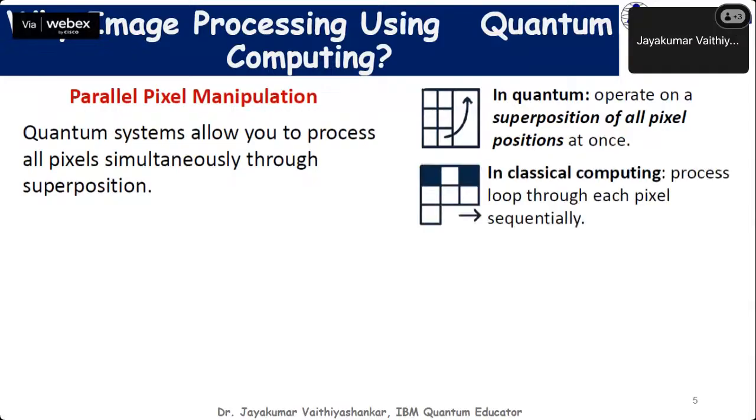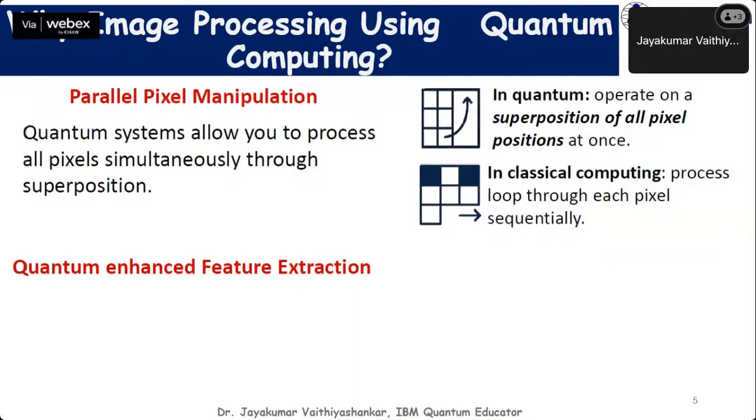In classical, the process loops through each and every pixel sequentially. Even though we are doing parallel computation in classical, take an example of an image, it will process each and every pixel sequentially, right? So if you are using a quantum algorithm to do your image processing, the quantum algorithm will enhance feature extraction.